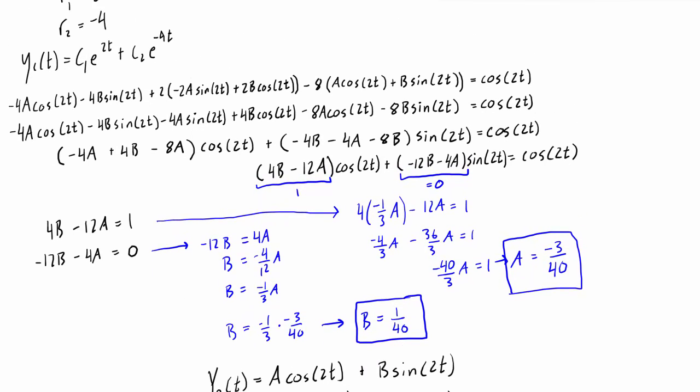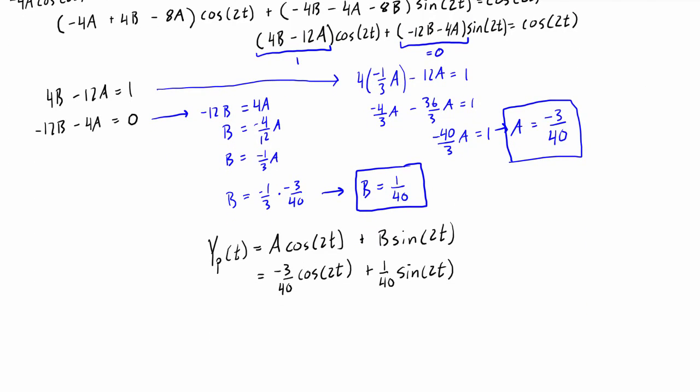And if you're asked to find the general solution to the original differential equation, then the general solution is just y of t, which equals the complementary solution, yc of t, plus the particular solution we found, yp of t.